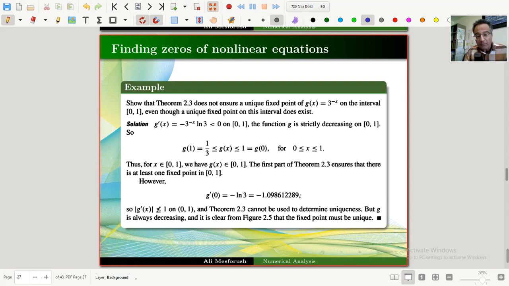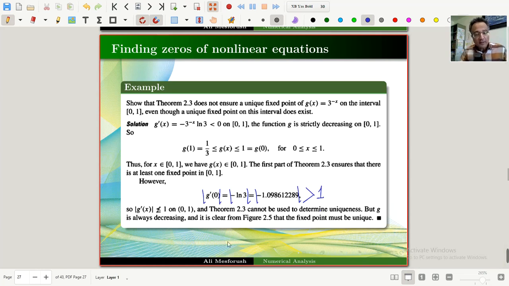The absolute value of this is 1.09, which is greater than 1. So the second condition of the fixed point theorem is not satisfied, and in fact it says maybe the unique fixed point does not exist. Okay, maybe we have more than one fixed point.